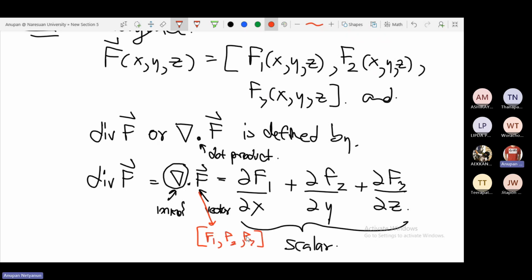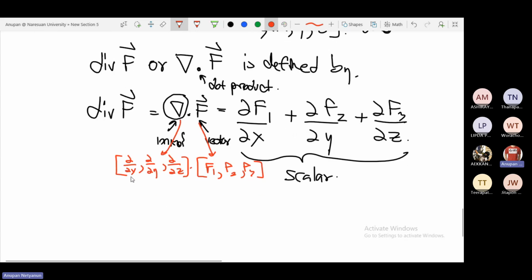I write it in short form, but it is known that F1 depends on variables x, y, z, F2 the same, F3 the same, but written in abbreviated form. This one is the partial derivative with respect to x, partial derivative with respect to y, partial derivative with respect to z. Okay, when you have the dot product of the two vectors, you multiply the same component.